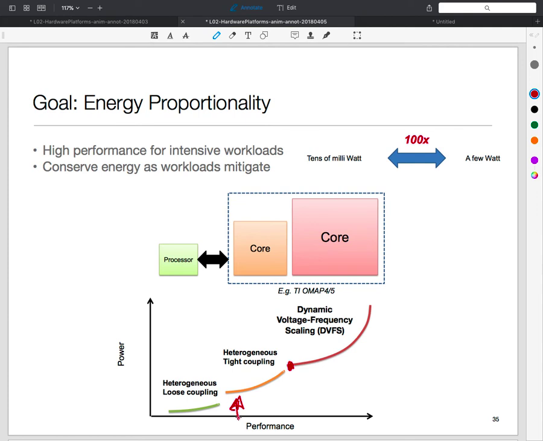Then I will be needlessly paying this much more power. But when the bigger core is technically in sleep mode, wouldn't it still consume that much power? Oh, so what this is showing is the active mode of the big processor. If I'm running out here, I'm going to put the big processor into some sort of sleep mode, which is going to be lower than this, but it's not going to be zero.